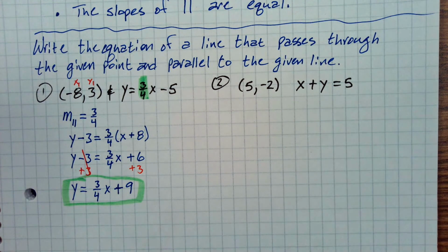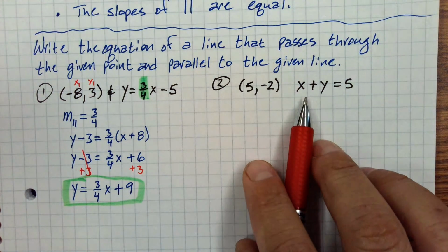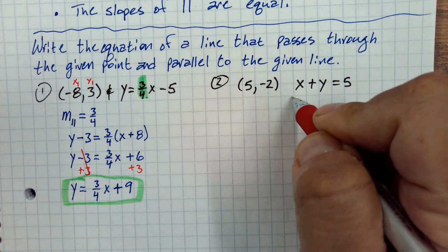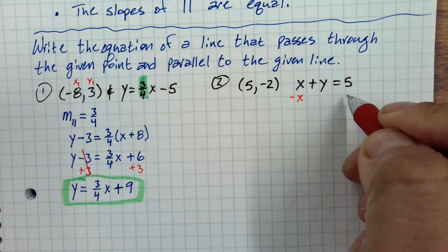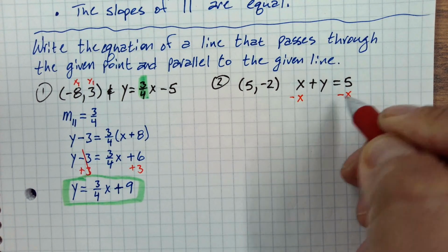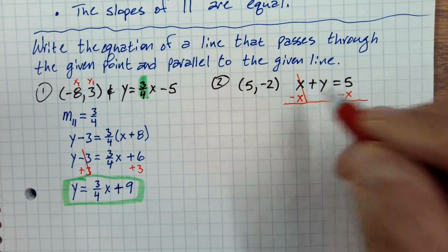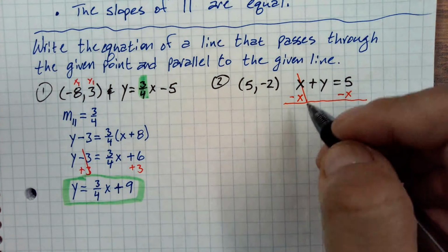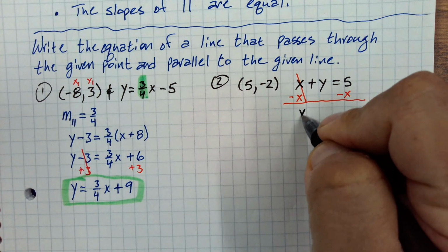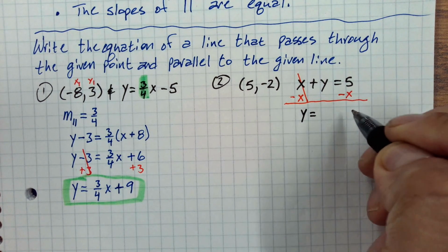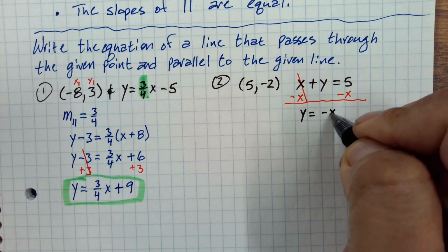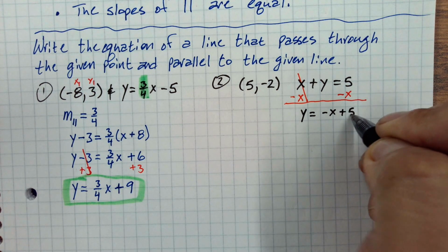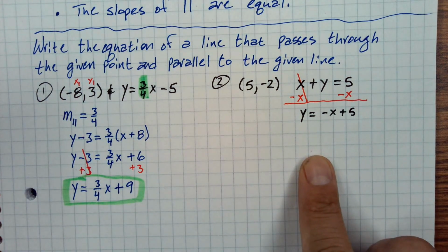So guess what? We got to do a little rewriting. I got to solve for y. I got to get y by itself. In other words, I got to do this. And now my equation is y equals negative x plus 5. This is in slope intercept form.